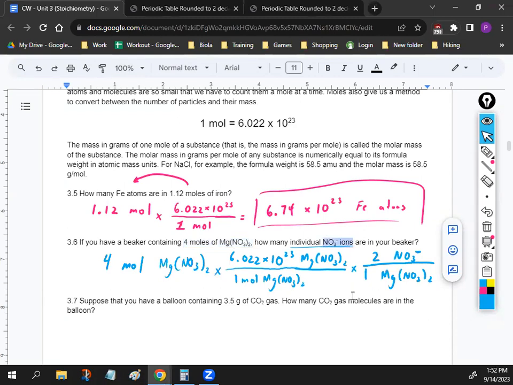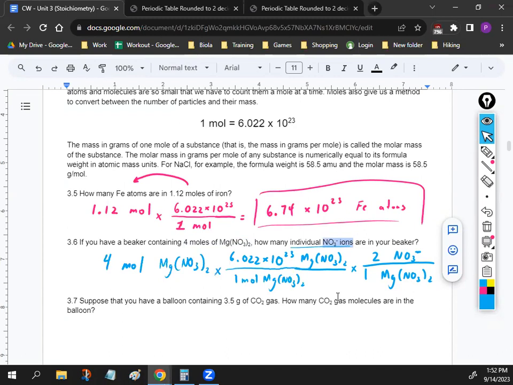And if you look at the formula, there are 2 nitrates in every magnesium nitrate molecule. So you have to do this final fraction where you multiply by 2. That's somewhat of a trick question, but also my way of communicating: make sure you read the question carefully.